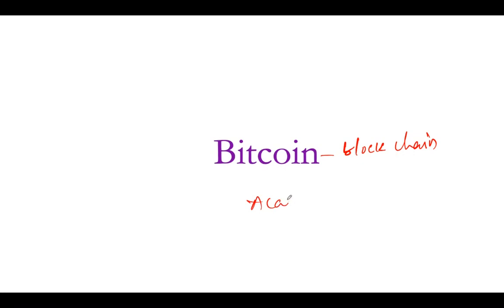It has introduced many new research areas on both the academic and industrial side. Since it was introduced in 2008, Bitcoin has gained much popularity and is currently the most successful digital currency in the world, with billions of dollars invested in it.